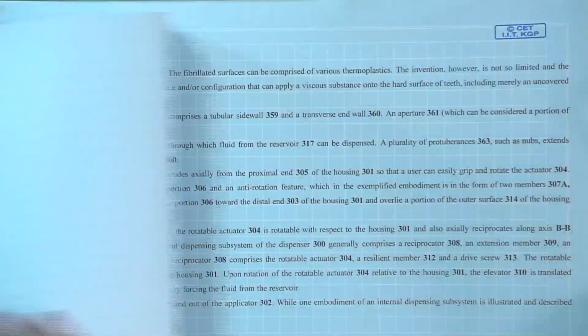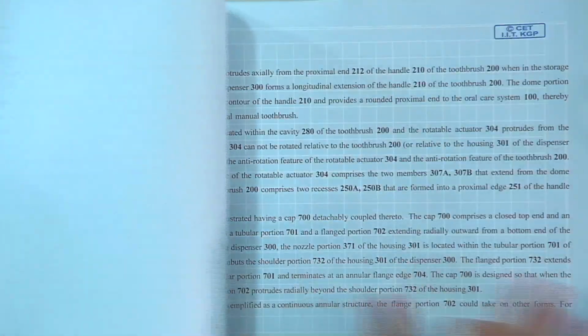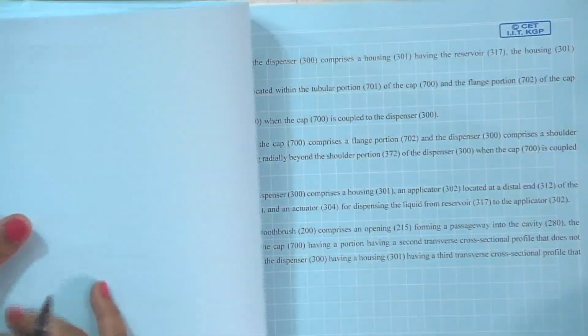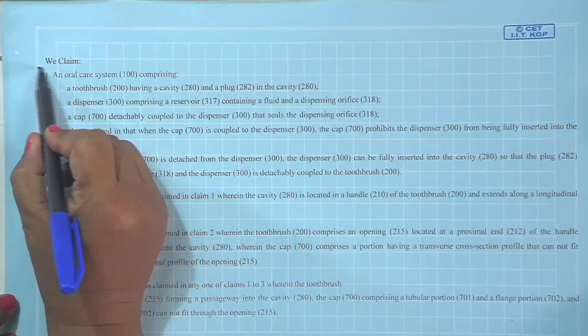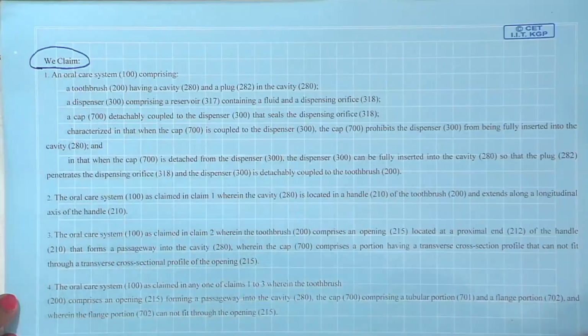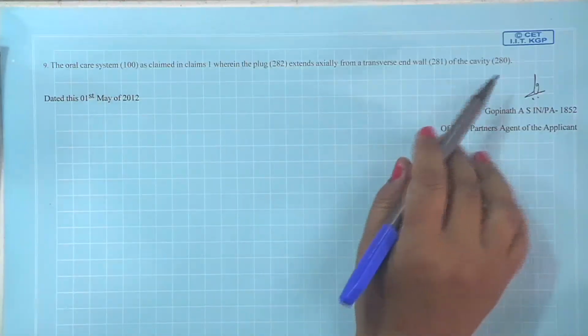The figures which are included in that document are covered completely, and at the last, when that description is completed, you can see the start of "we claim" or it may be "I claim", where actually the claim part of the invention starts, and then whatever the number of claims are there, these are written and the document is complete here.